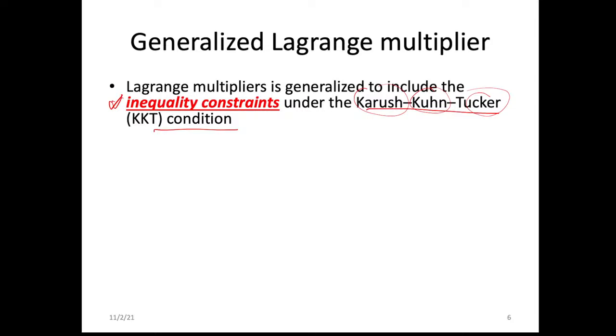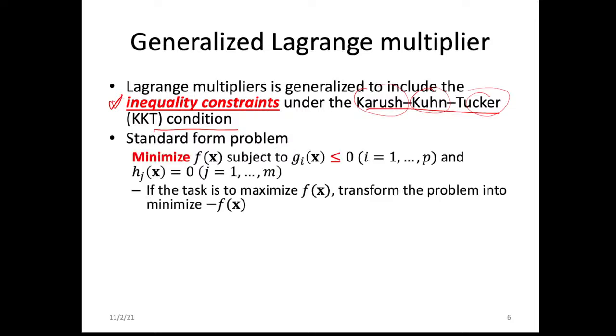So what's the generalized Lagrange multiplier? Now we want to minimize f of x. It has to be minimized. If you want to maximize something, you just minimize the negative of that thing. That would be the same. So anyhow, you want to minimize f of x subject to some inequality constraints and some equality constraints.